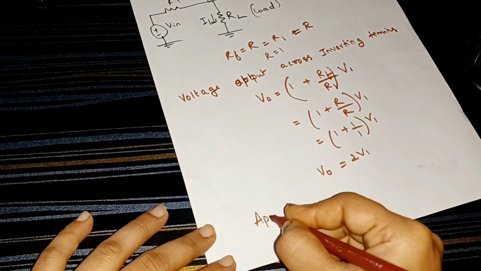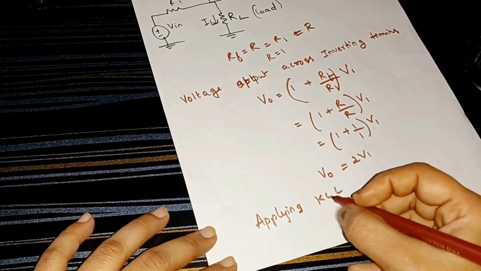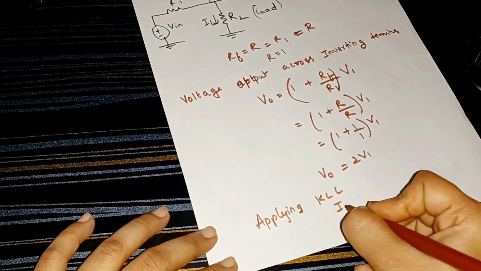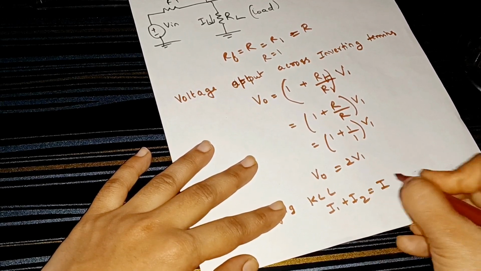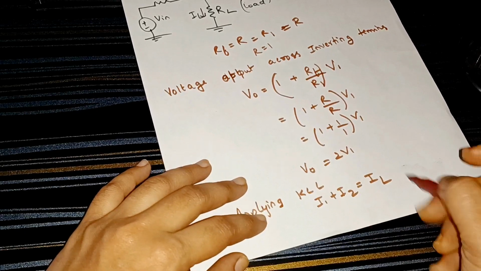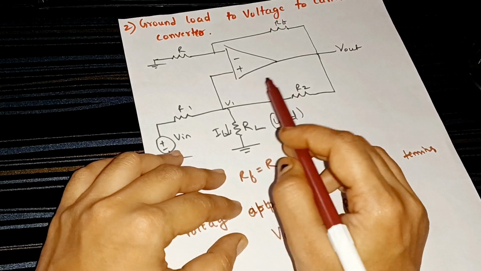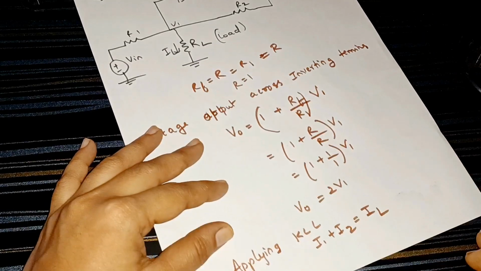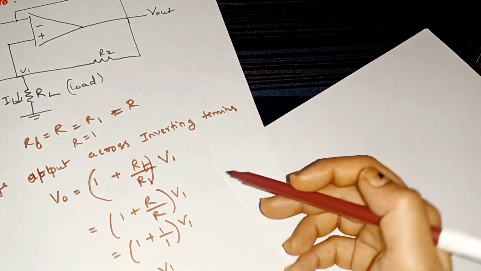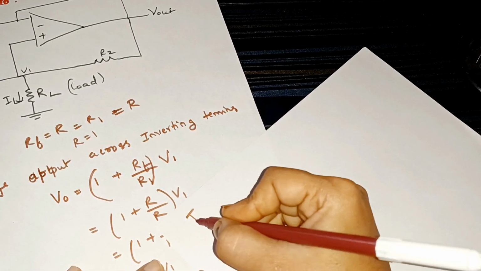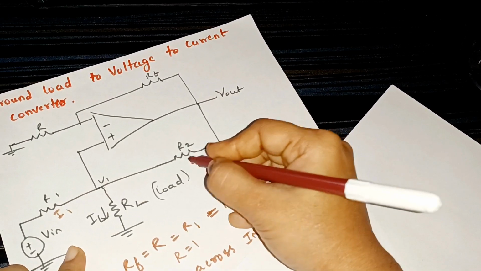Applying KCL, we know that I1 plus I2 equals the current flowing, that is, the sum of two currents flowing at the non-inverting terminal. Here I1 is flowing and here I2 is flowing.